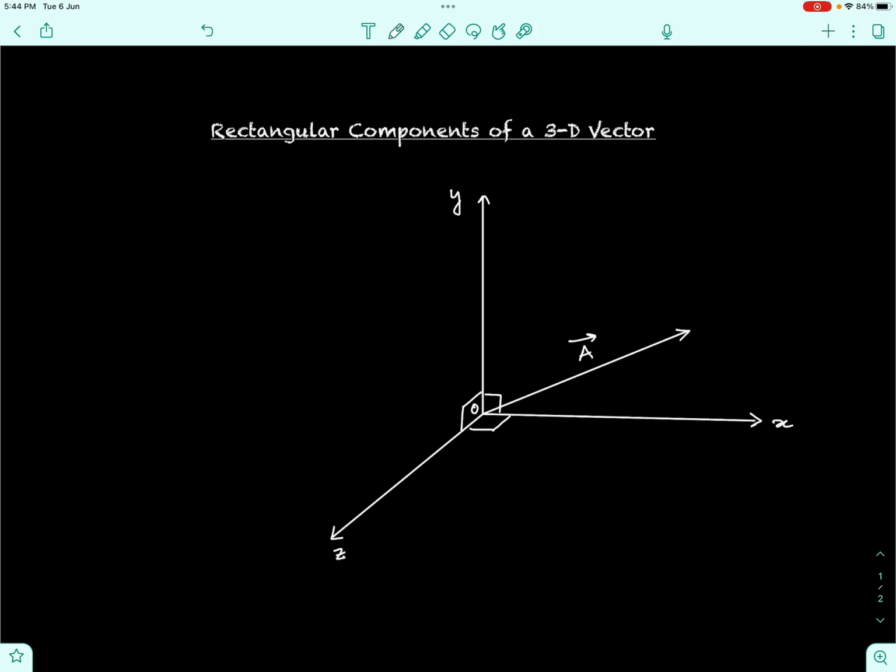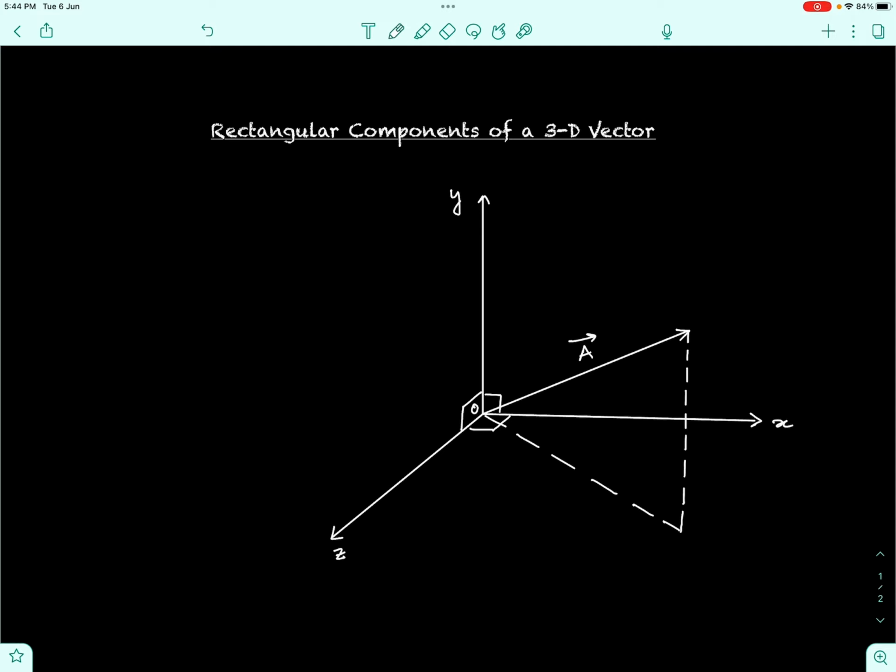So, what we can do is, we can first try to draw the component, or what we can also call a projection or a shadow, of the vector A in the xz plane. Consider the xz plane to be the base plane, where the base of the vector would be.